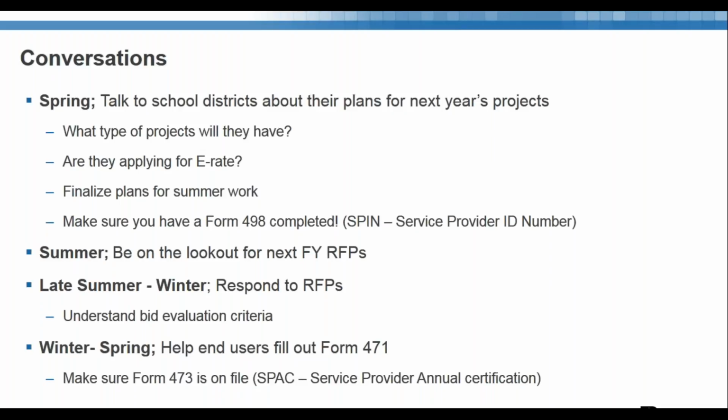Make sure that you really try to understand the bid evaluation criteria, which I'll give some insight on in the next slide. And then winter to springtime, which is where we're at now, help your end users, your school districts, fill out those Form 471s, and make sure you have Form 473 on file. That's your service provider annual certification. You have to have that on file for invoicing to happen.